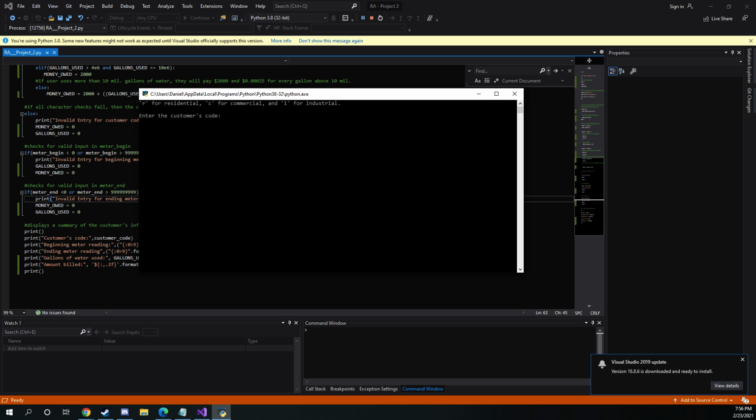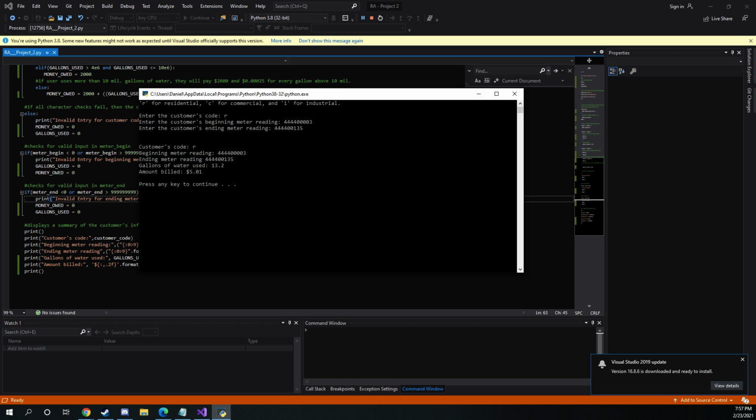I must have missed a digit. So we say they're residential. 444400003. So 9 digits. And then by the end of the billing period, they used 444400135. Then this is taking the ending meter, so this number right here minus this number, and this is the amount of money they owe and the amount of gallons they used.